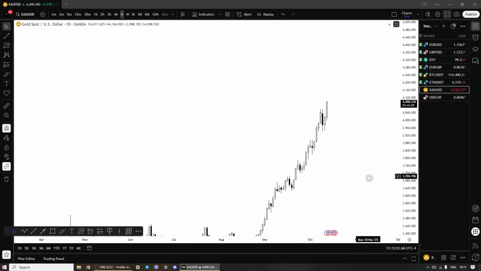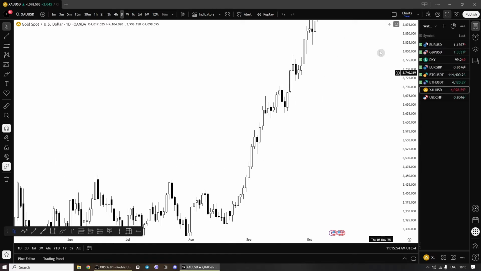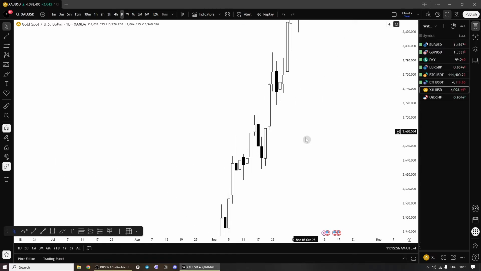If you see gold is a perfect example of how the draw on liquidity works. We take external range liquidity and we need internal, which will be inside of this leg, to sponsor a move up. Once we get this move, we get what?